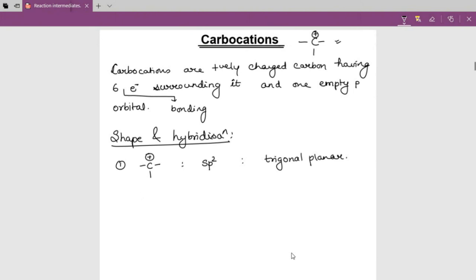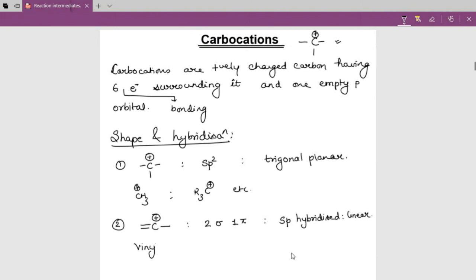There are so many examples of this series, CH3+, R3C+, etc. If I have a condition where it has 2 sigma, 1 pi and 1 empty p orbital, then it is sp hybridized and linear.